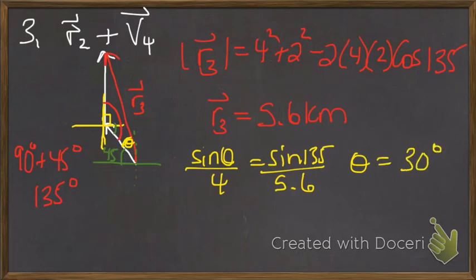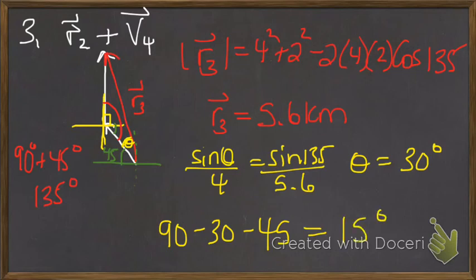So now think about it. You know that the angle from the vertical is going to be 90 minus 30 minus 45. And that gives us 15 degrees. 15 degrees is going to be the angle between, I'm highlighting it here in yellow, our resultant R3 and the vertical, which is that green dotted line that would extend up.